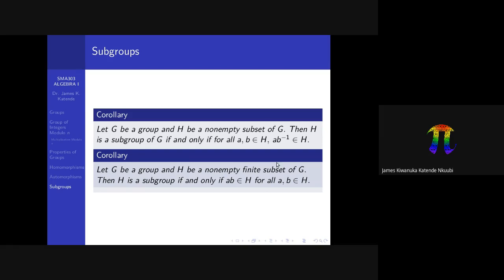So you can try to prove these two results in your own time. I have not done the proofs on the slides, but these two results are useful also when checking if a subset is a subgroup. So this last one only works for a non-empty finite subset. It has to be finite.